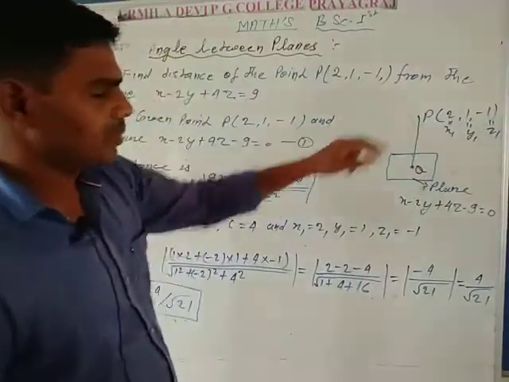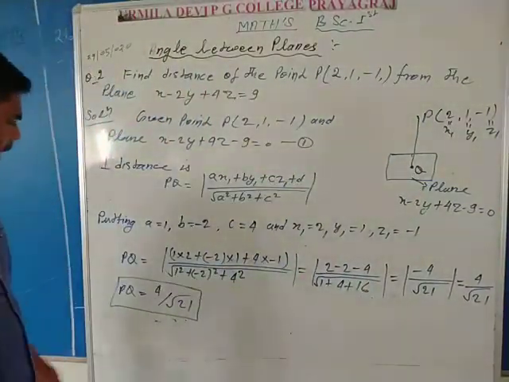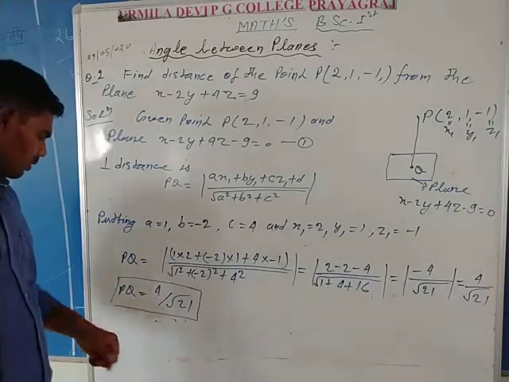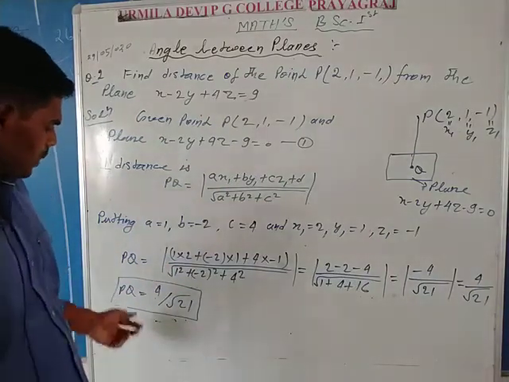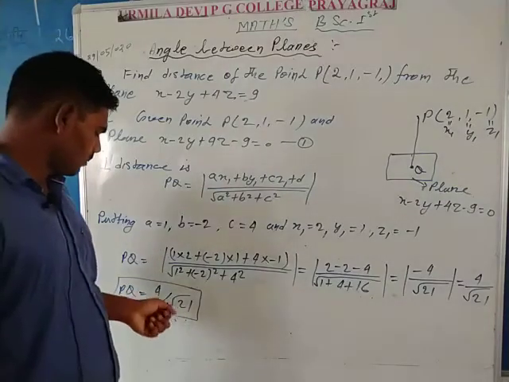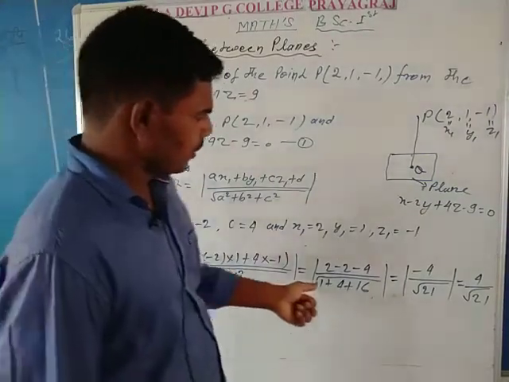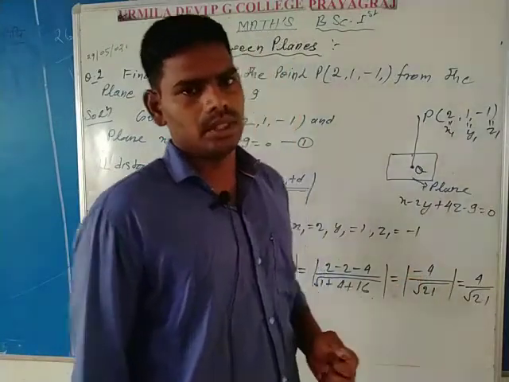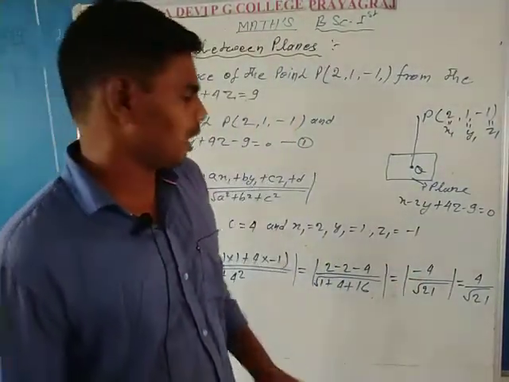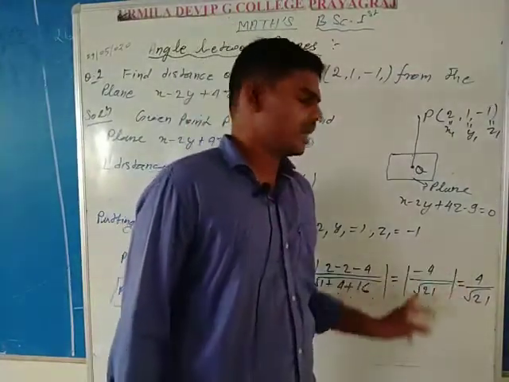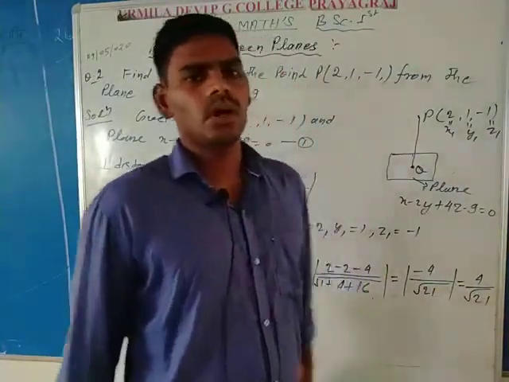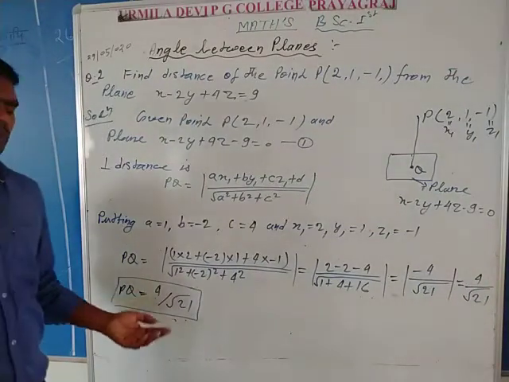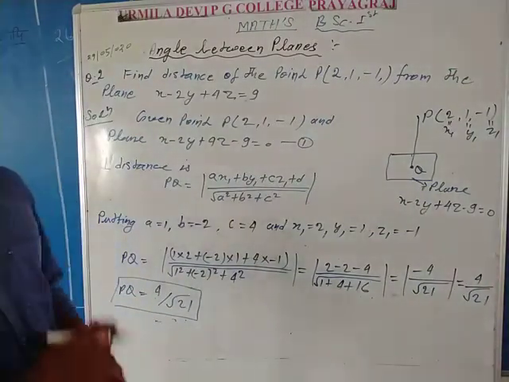Putting these values from the figure and question and solving, we find the required perpendicular length PQ, which is 4 by under root 21. In the solution PQ has a negative sign, but length is always taken positive, therefore we take the modulus, and numerically it is equal to 4 by under root 21. Hence the required perpendicular length PQ is equal to 4 by under root 21.